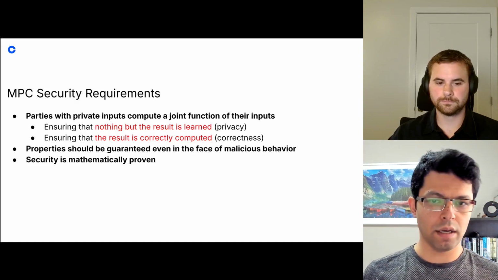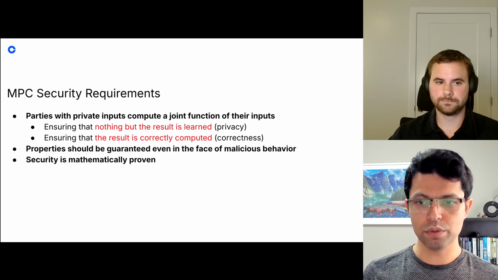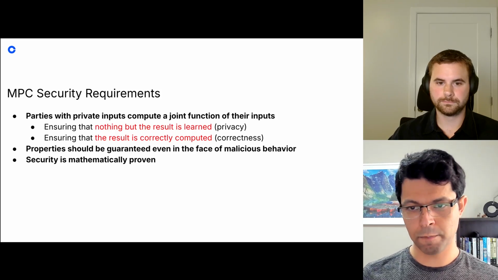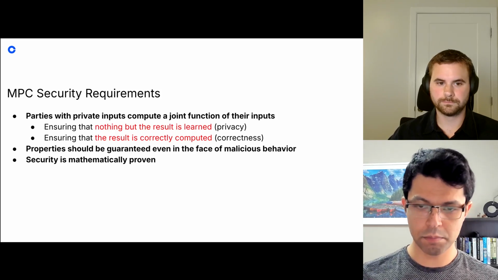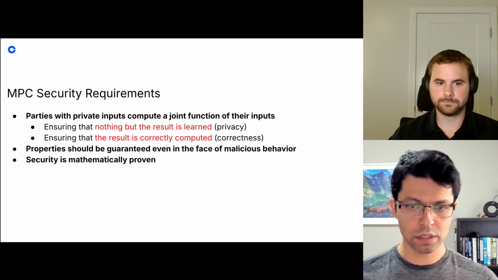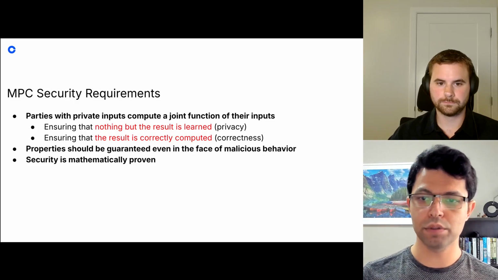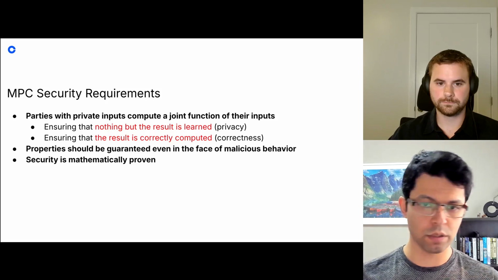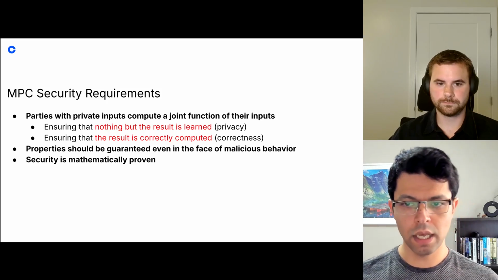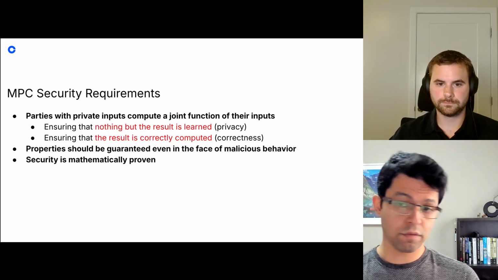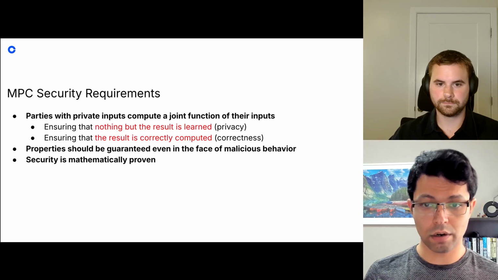And they care about two important properties. The first one is privacy, meaning that none of these participants want anything about their private inputs to be leaked other than whatever is the output of the computation. And they, of course, want to get the correct output.